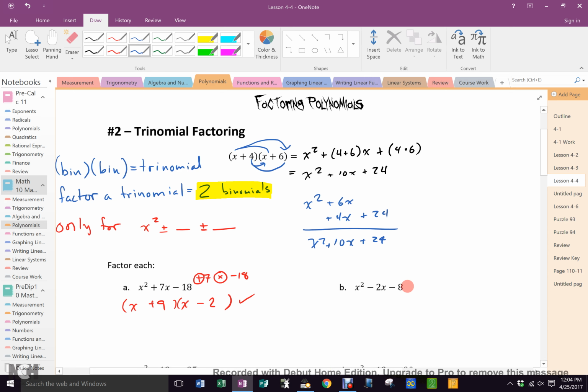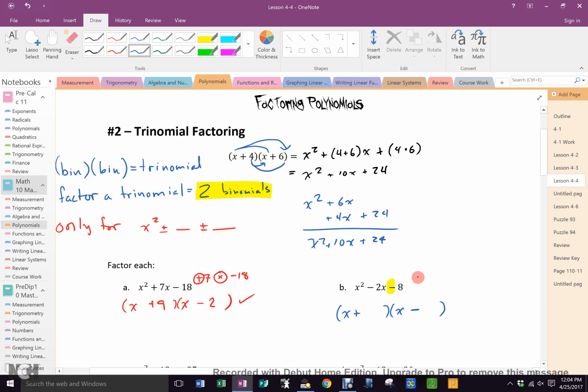So look at this one. I need what for my first term? X's. Excellent. This term is negative. So what does that mean I need for signs in here? One's got to be positive and one's got to be negative to make a negative, doesn't it? Okay.